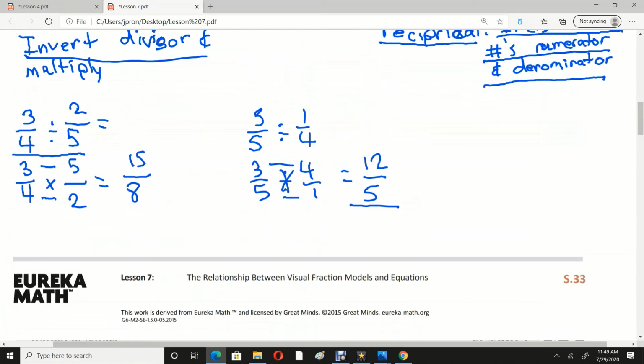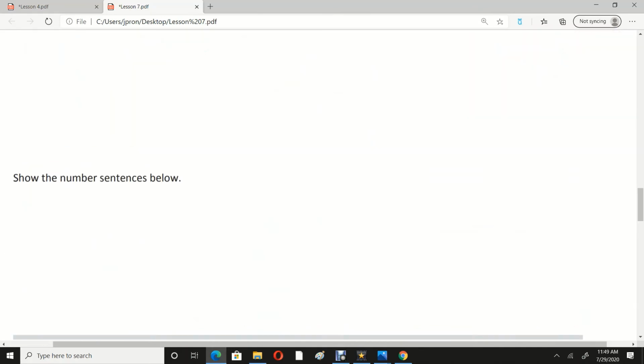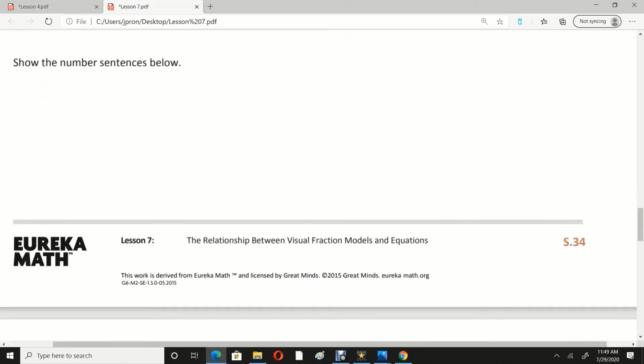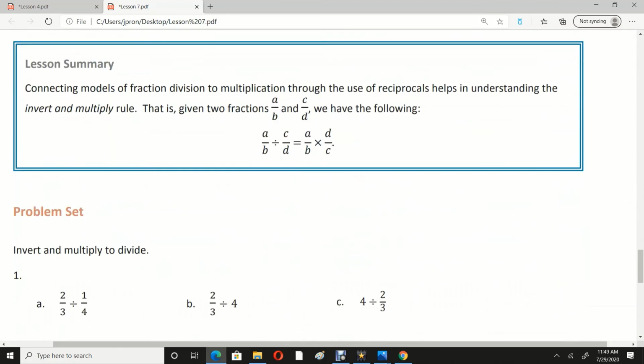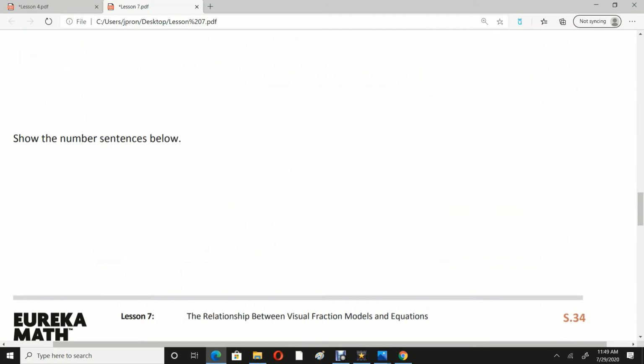This is pretty much how I would ever want to divide fractions. But like I said, example 3, which is what I'm about to send you on right now, I want you to use one of those models.